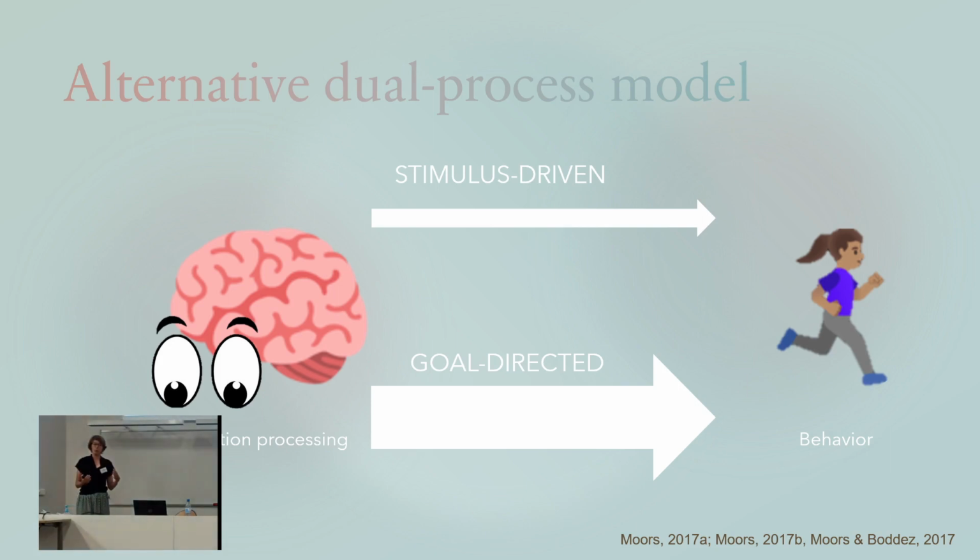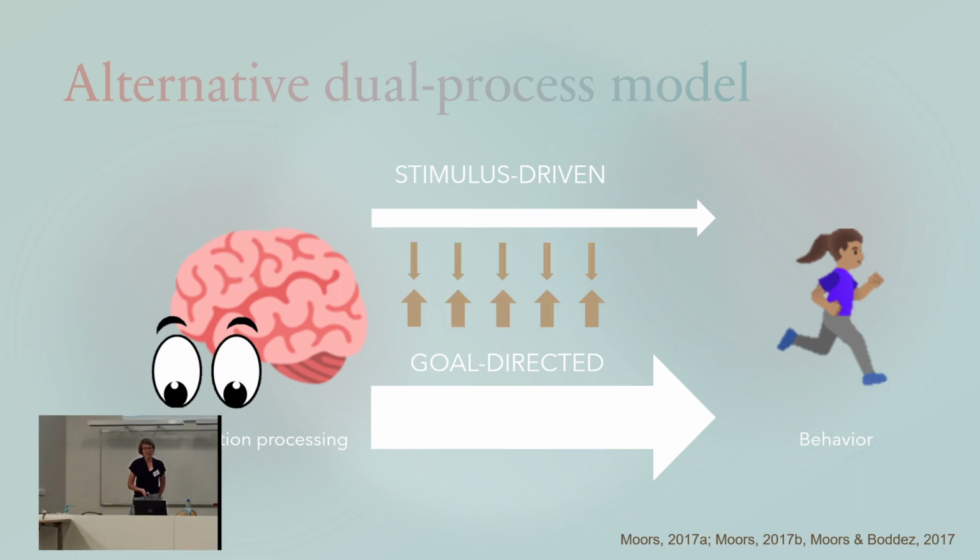Goal-directed processes can also be very fast, and they have the advantage of leading to more optimal behavior because you adapt to the situation. It's not that the same stimulus feature always leads to the same behavior; if you don't reach your goal, you have a feedback loop: I did not reach my goal, so next time I behave differently. So they lead to much more optimal behaviors.